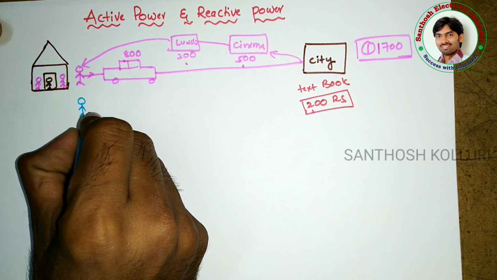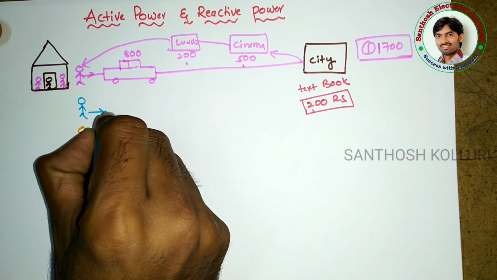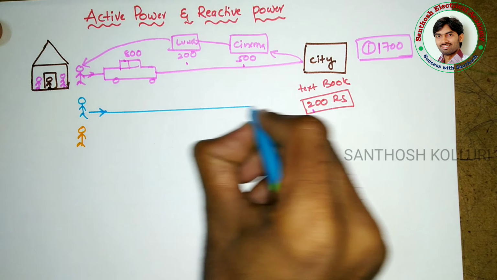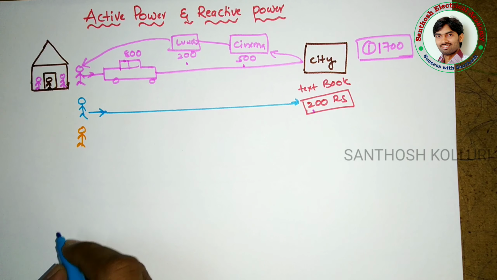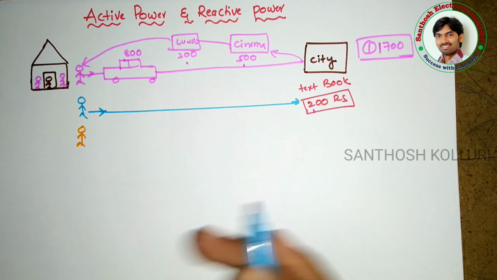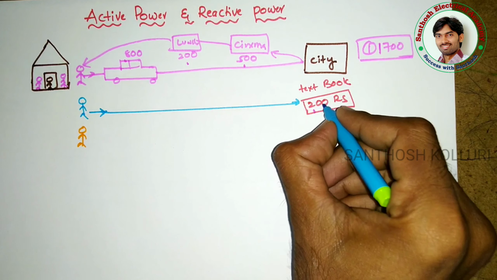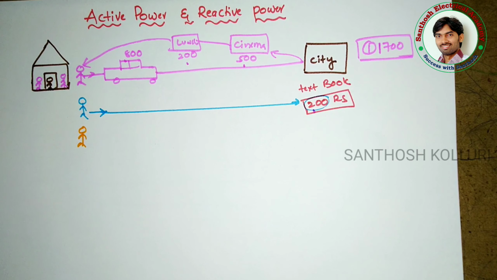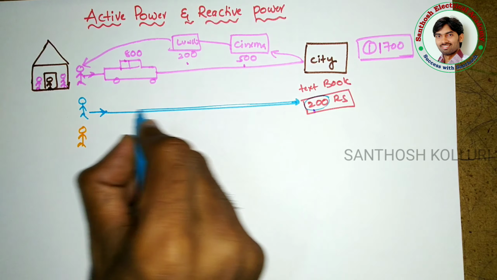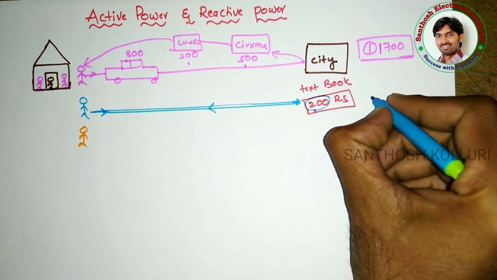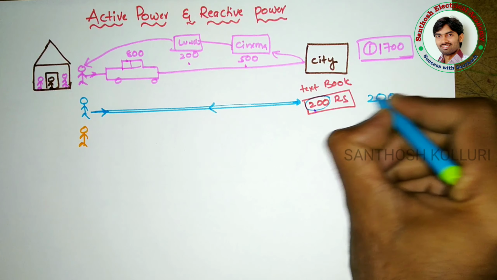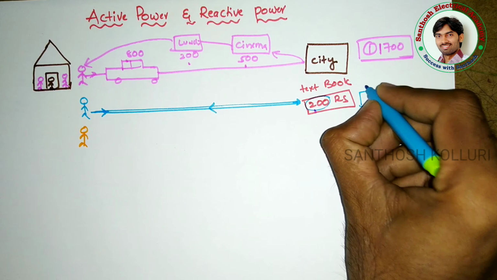He just takes a lift directly from his home to the city in someone's vehicle, buys the textbook worth 200 rupees, and again comes home by taking a lift in some other vehicle. So what is the expenditure he has spent? The 200 rupees textbook costs only 200 rupees.